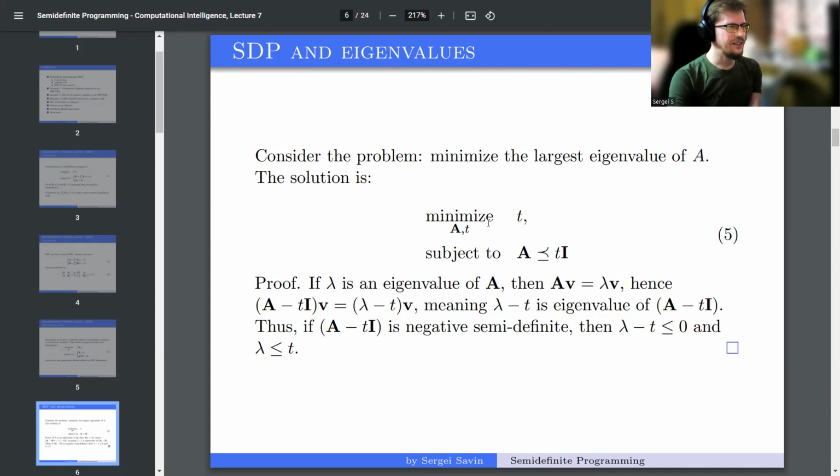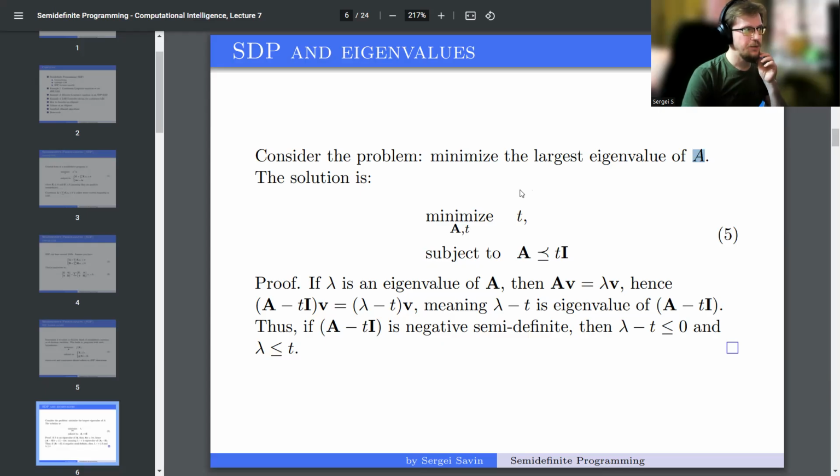Here, this is somehow not a complete problem; it is a skeleton of a problem. Unless you put some constraints on A, minimizing the largest eigenvalue would be just to make it a zero matrix. So there has to be some other constraints on A. Let's say maybe the first element of A has to be equal to 1 or something. We have to put some constraints on A, basically. Otherwise, this problem becomes trivial. It's just a solution of 0. But anyway, we minimize the largest eigenvalue of the matrix A.